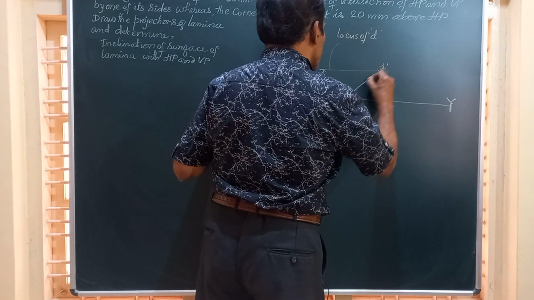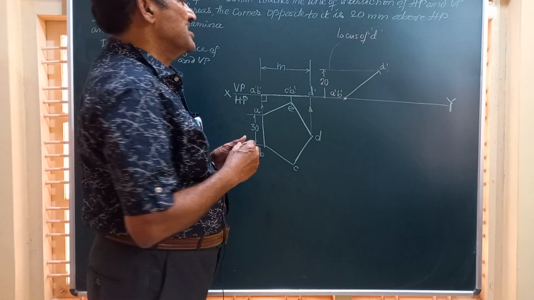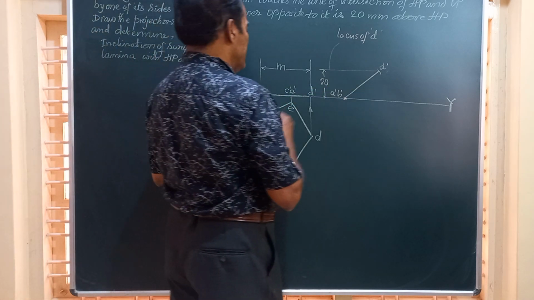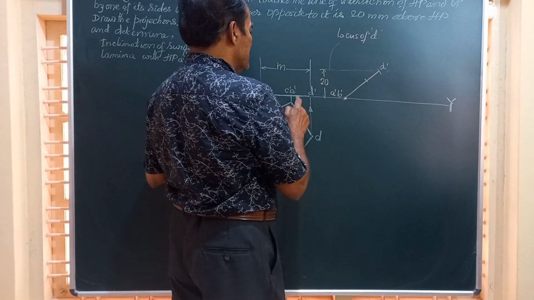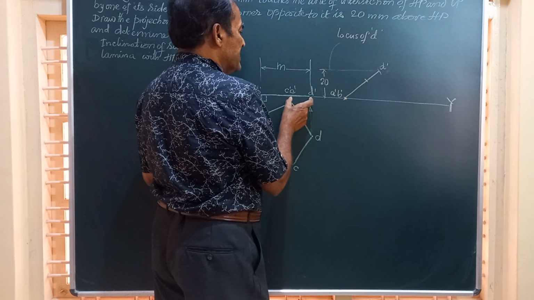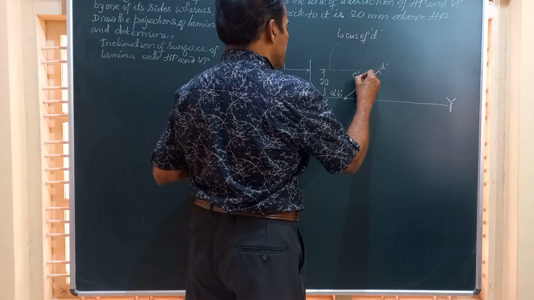If we join these two, this line will represent the surface of the lamina, since it has got 5 points on it, A, B, C, E and D. These can be marked here. This is C dash, E dash.